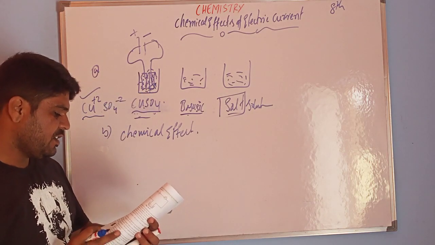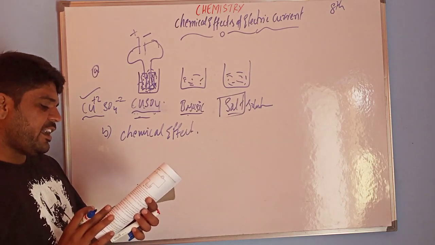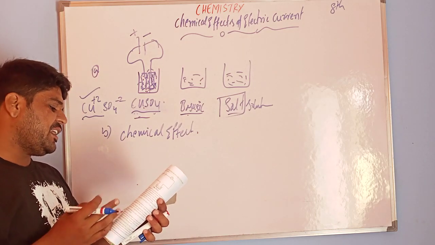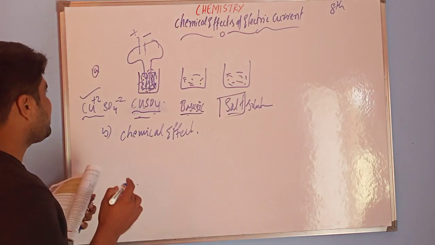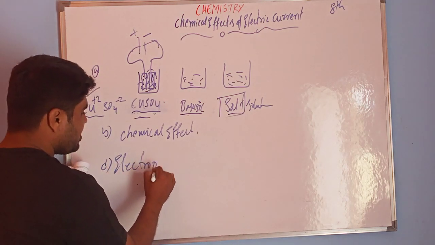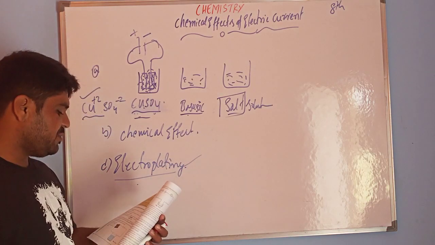Next, D. The process of depositing a layer of any desired metal on another material by means of electricity is called electroplating. What is meant by electroplating?